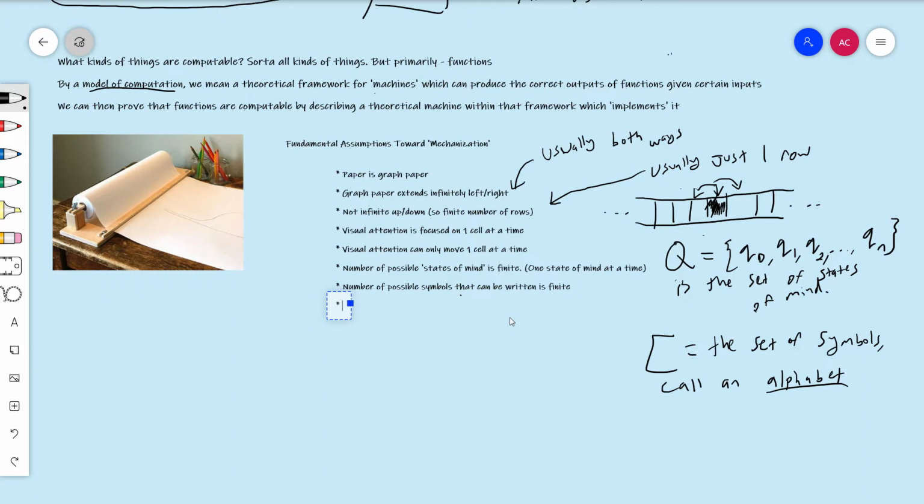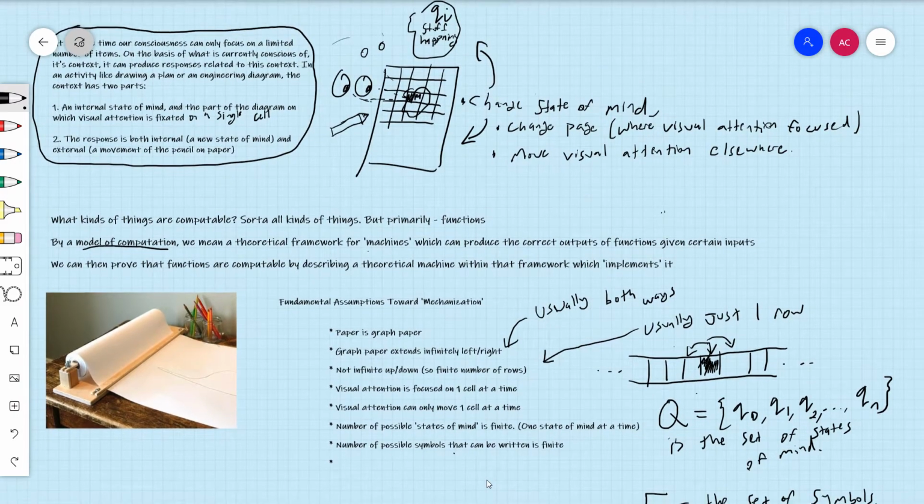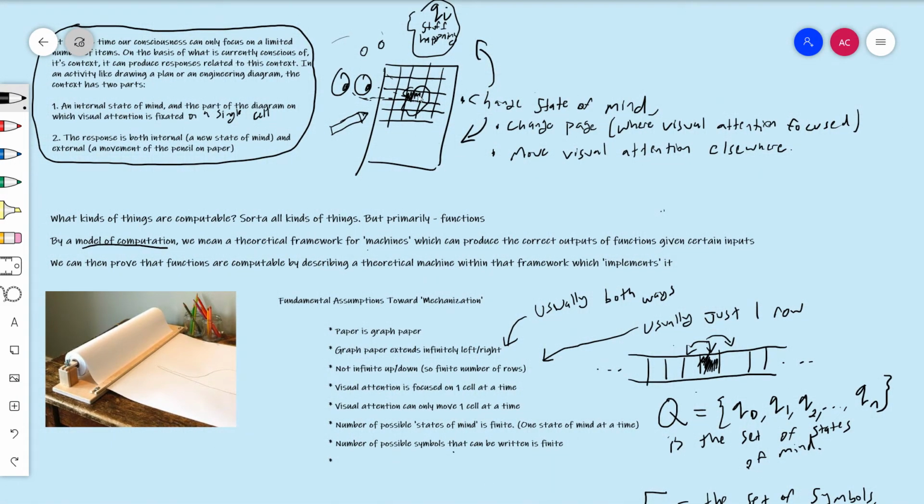And anything else? Okay, one more thing. In a single step, what can happen? So let's look back up here. In a single step, what am I allowed to do in terms of writing things down? Well, only the cell that's being looked at will be allowed to be edited.